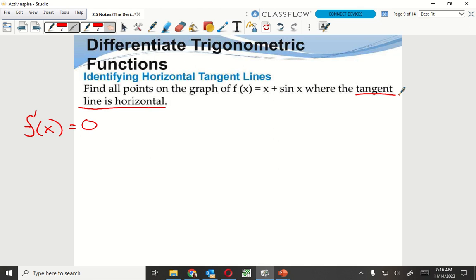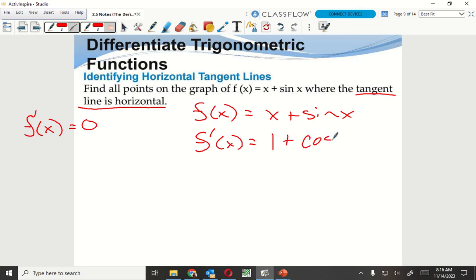So find out points on the graph where this, okay. So first thing I have to do is, let's find the derivative. So if I have f of x equals x plus sine x, my derivative, f prime of x, would be, yep, 1 plus cosine x. And I know I'm trying to find where all the tangent lines are horizontal. I know that my derivative has to be equal to 0.